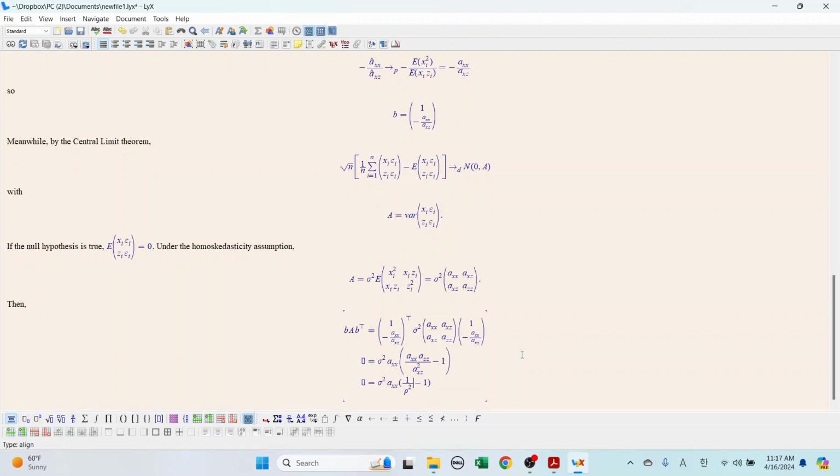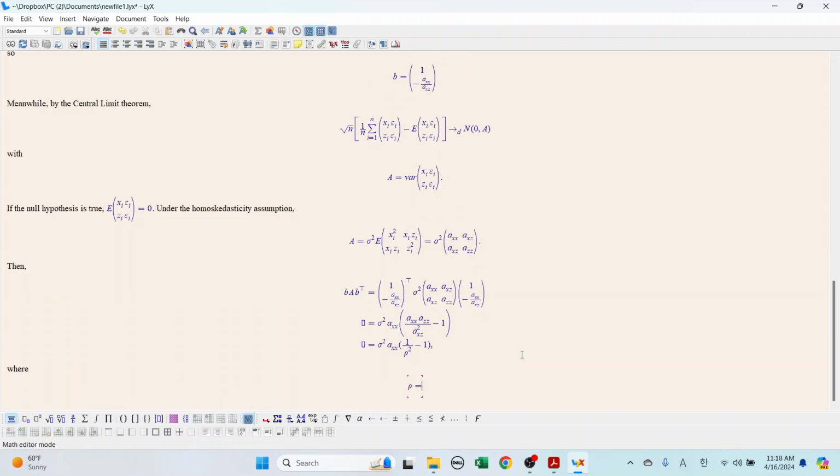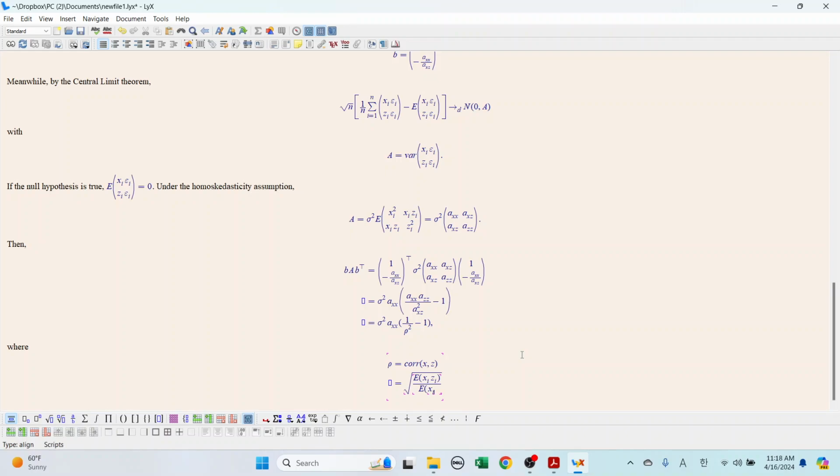right? Where rho is the correlation coefficient between x and z, which is the sum of xi zi divided by the square root of the sum of xi squared and z squared.